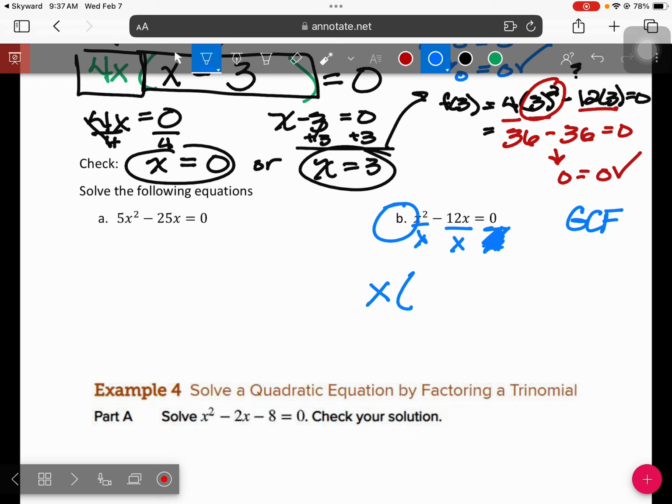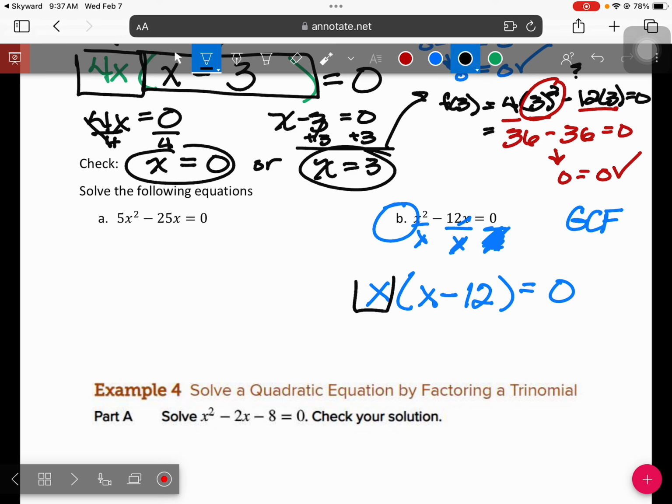Bring it out. x squared divided by x is x. Minus 12 has nothing to divide it by, so that's 12. And x divided by x simplifies to 1. So I get x times quantity x minus 12 equals 0.